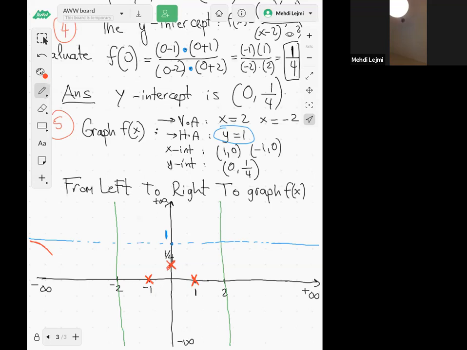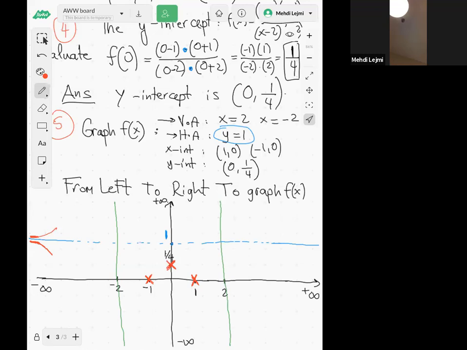The graph could be above the horizontal asymptote or below the horizontal asymptote. So my graph of f could be above the horizontal asymptote, like this, very close to it, or below the horizontal asymptote, very close but below. So there are two options for my graph, and I have to figure out which one is the right one.